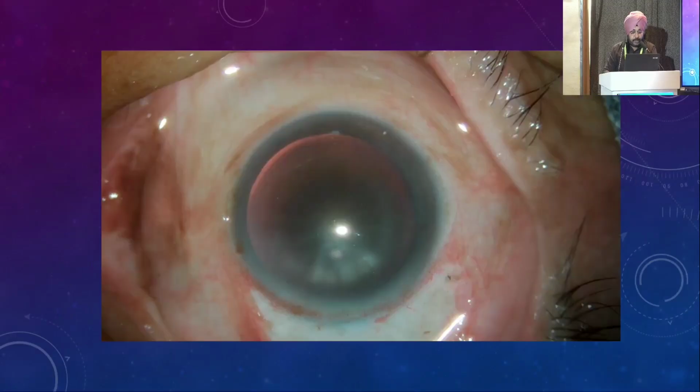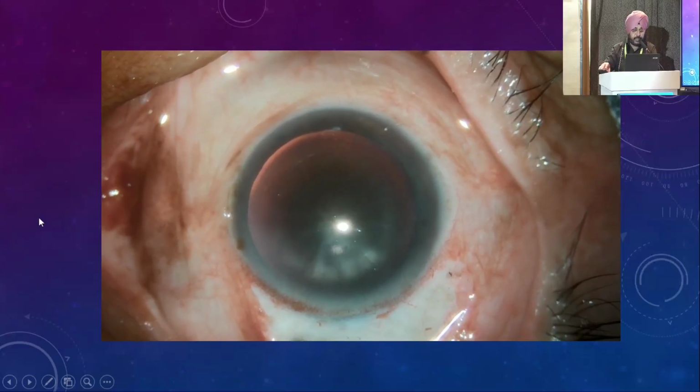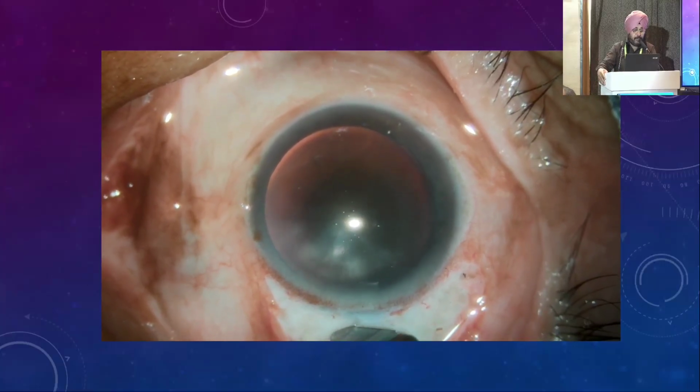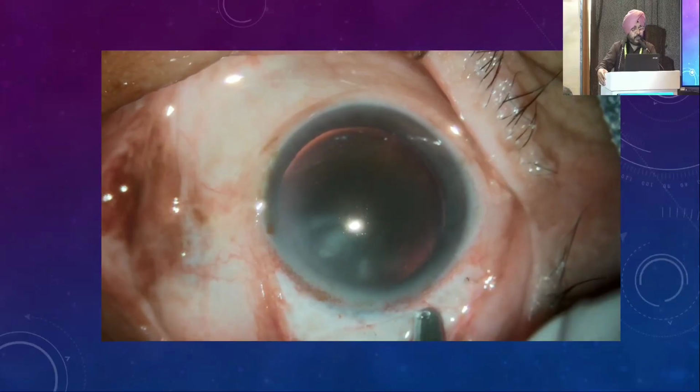So I am directly going to one of my complicated cases, that is the hard brown cataract with a very big nucleus.